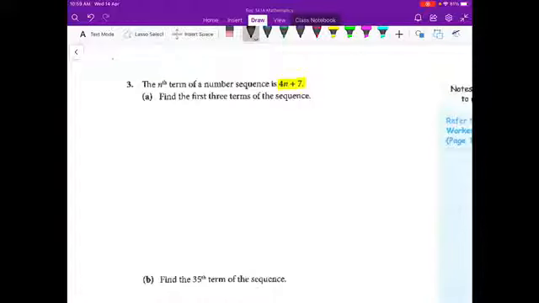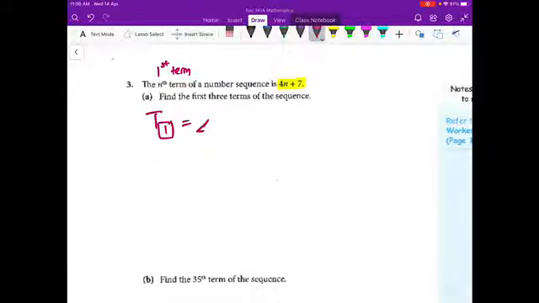What does term number 1 look like? Term number 1, the first term. That means n equals 1. See the little 1 over here? It means term number 1. That tells us that we are looking at the first term, n equals 1.